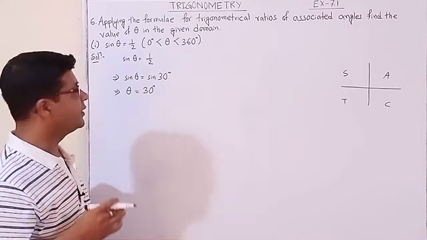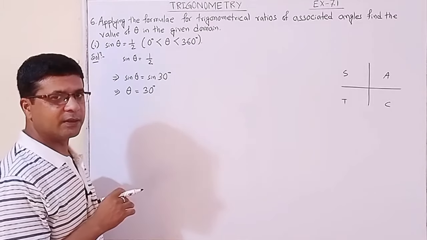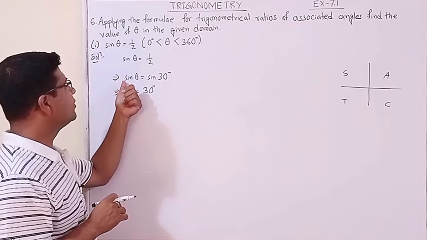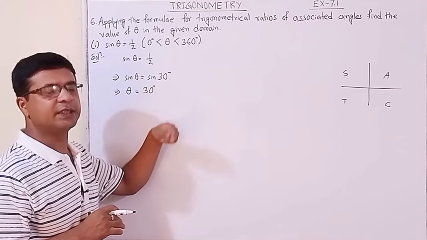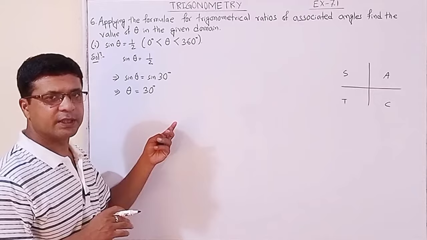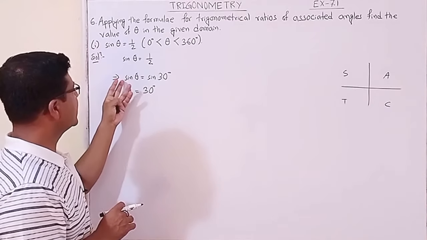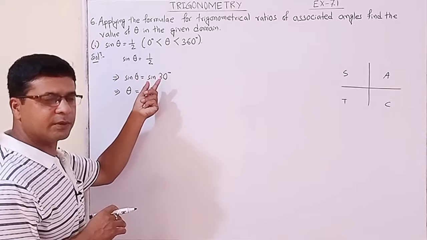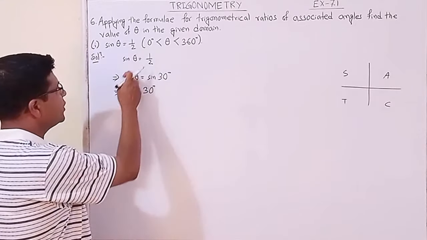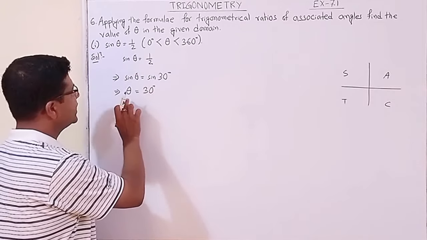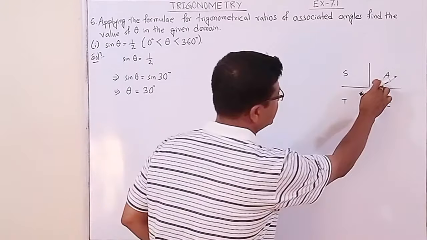In class 11 or in some schools in class 12, the inverse of a trigonometric function is taken. That is a different issue, so we are not going to discuss that. In that case, if we take the inverse of a trigonometric ratio, then sine will be removed. So my earnest request is do not cancel sine, just write theta equal to 30 degree. This value of theta lies in the first quadrant.